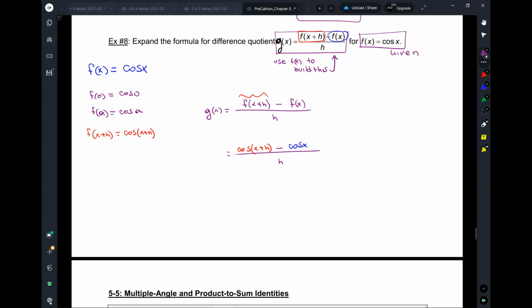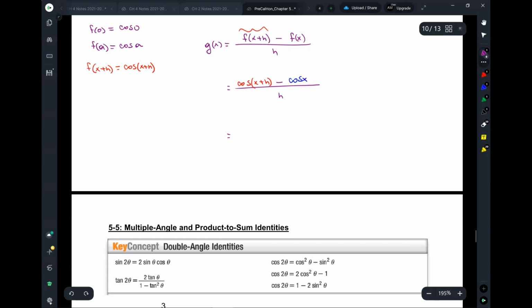But we can expand this, can't we? Because we have cosine of a plus b, right? So let's expand that. That's going to be, in the red, cosine x, cosine h, minus sine x, sine h. Cosine, cosine, sine, sine. And then the rest is minus cosine x over h.